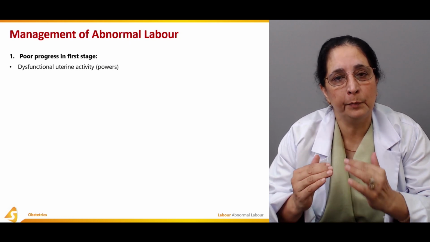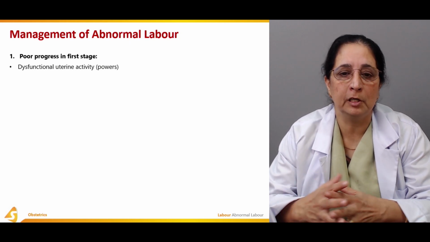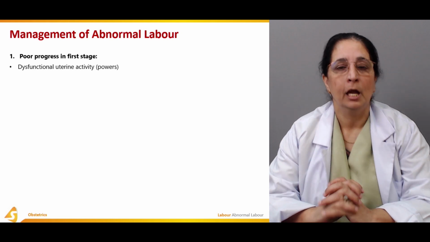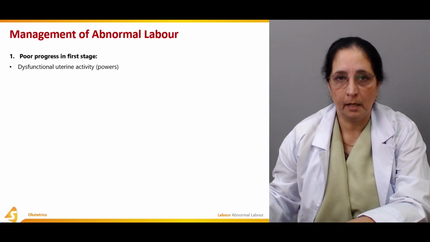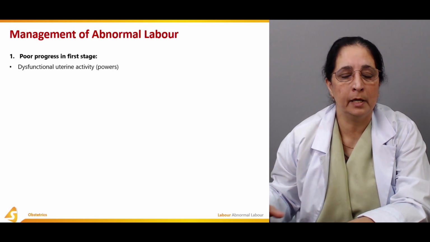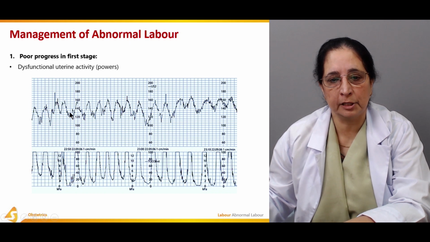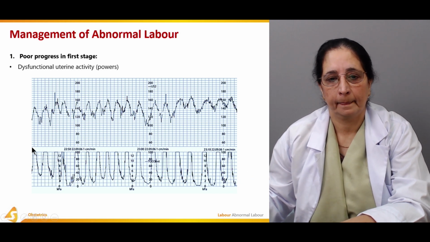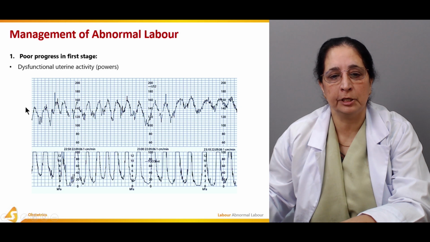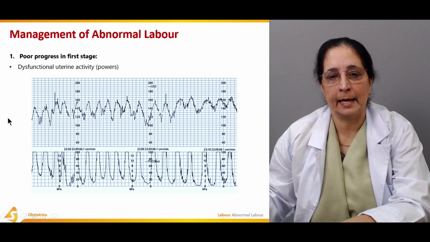Poor progress in the first stage is usually due to dysfunctional uterine activity, where the powers are not forceful or good enough. That's the graphic representation of dysfunctional uterine activity.